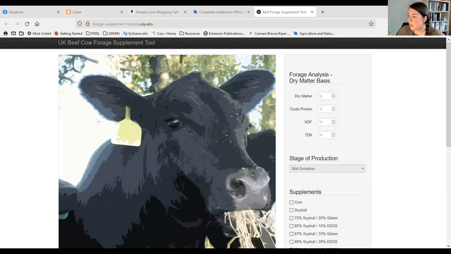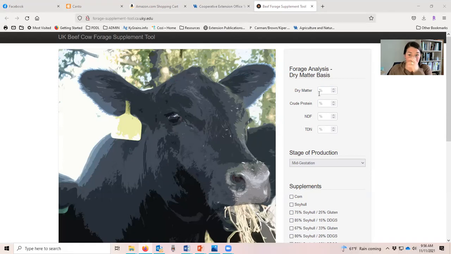So we are going to use this beef cow forage supplement tool, and we are going to plug in our forage analysis.